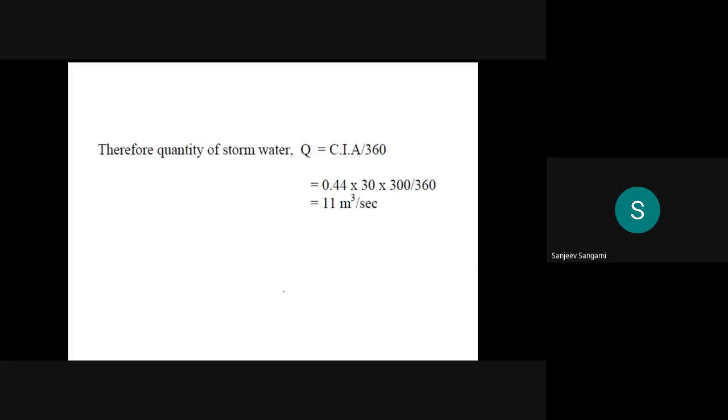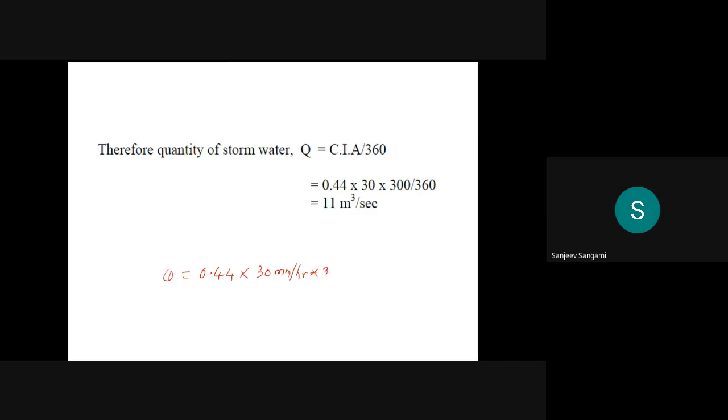Next, calculate the quantity of stormwater. So in this you can say that Q is equal to C, that is 0.4, that we already calculated. Then this is 30 mm per hour as given.